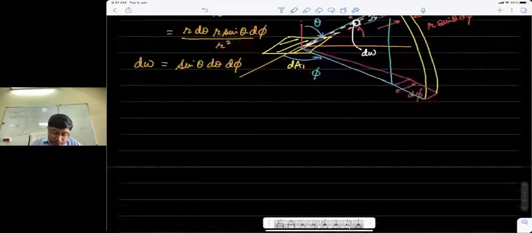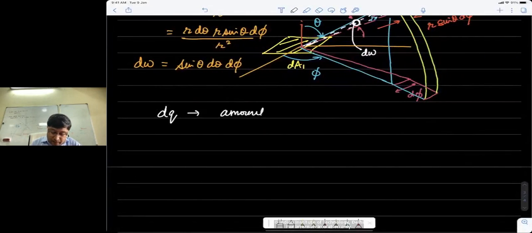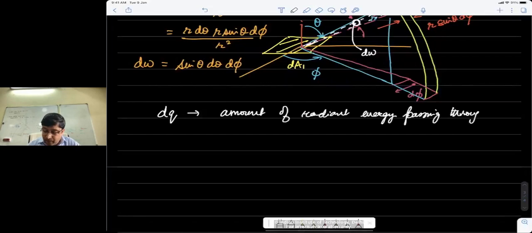So say dq is the amount of radiant energy that is passing through dAn, that started from dA1, of course.